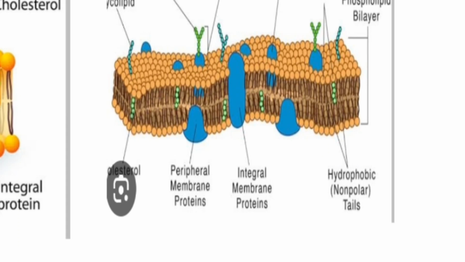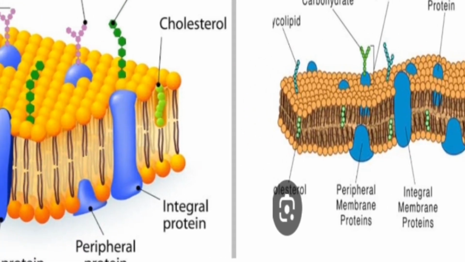So you should be able to explain, what is the advantage of the fluid mosaic model over other membrane models? The advantage is that this is the model that best explains the structure of the membrane, and it is the most widely accepted model of the membrane.